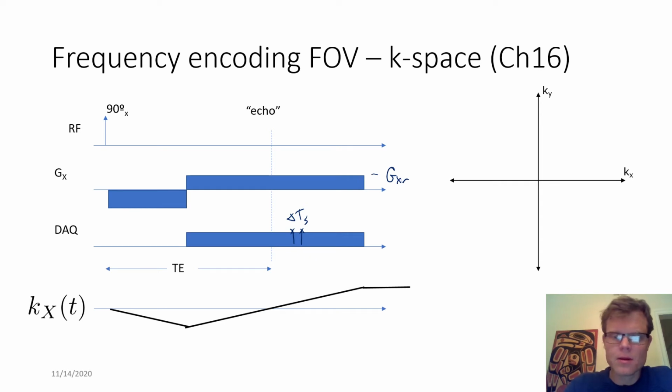And if we highlight this period here of the readout, we're going to do some k-space-based trajectory like this. And I'm going to have some sampling rate, which is in time, which is going to lead to some sample spacing in k-space.